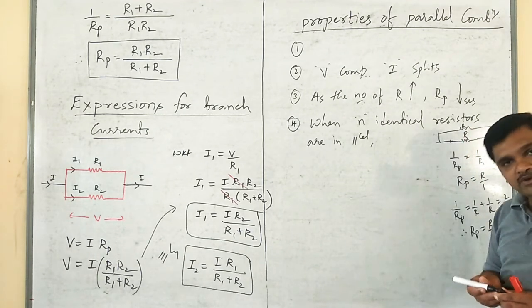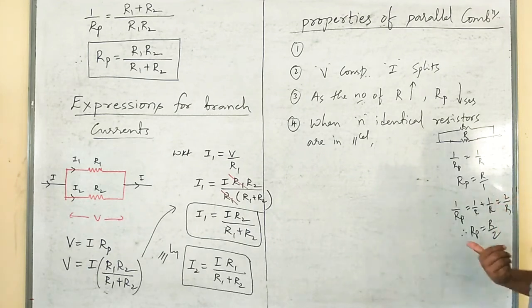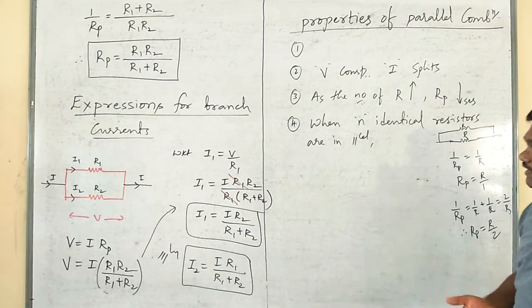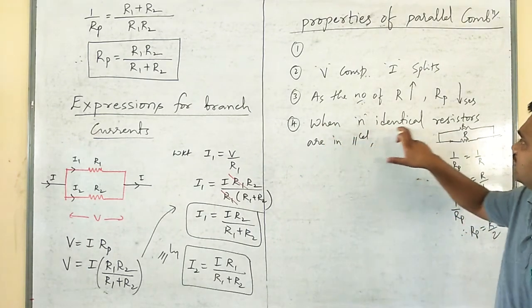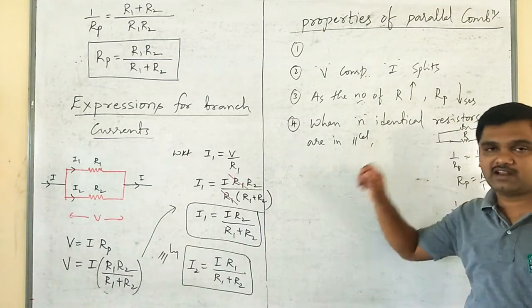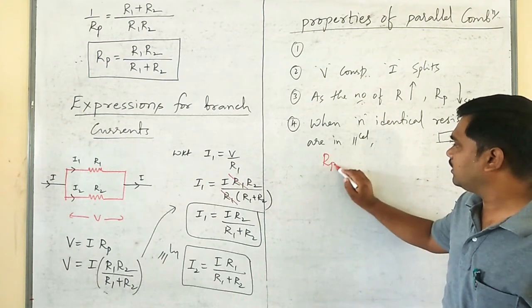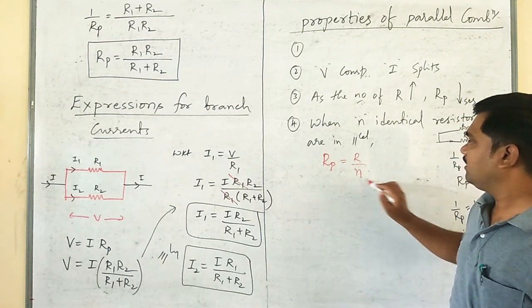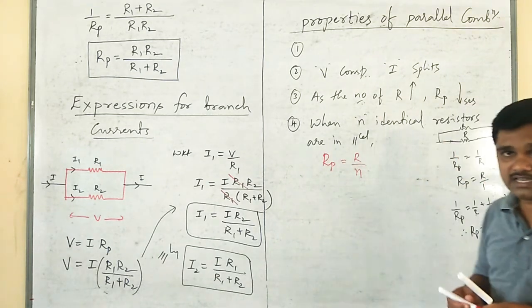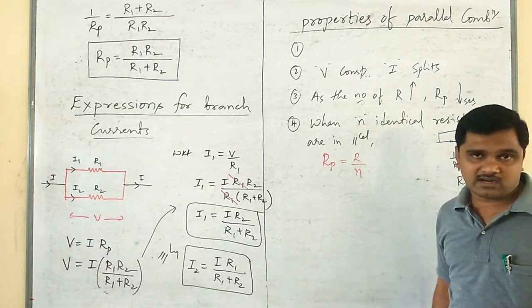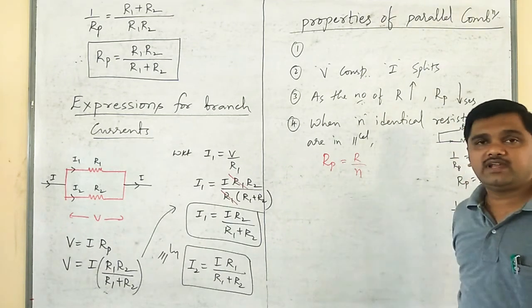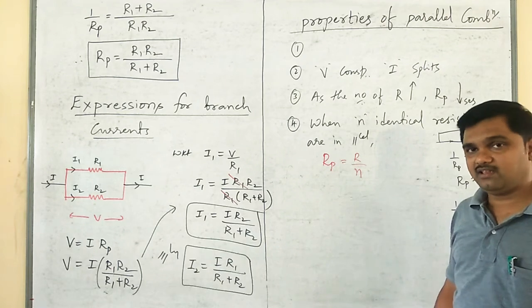Similarly, if you join one more resistor, it becomes 3 by R and hence R by 3. In the same way, when n identical resistors are connected in parallel, then the Rp value is given by R divided by n. In case of series, it was n into R, isn't it? Now, it is simply R divided by n.